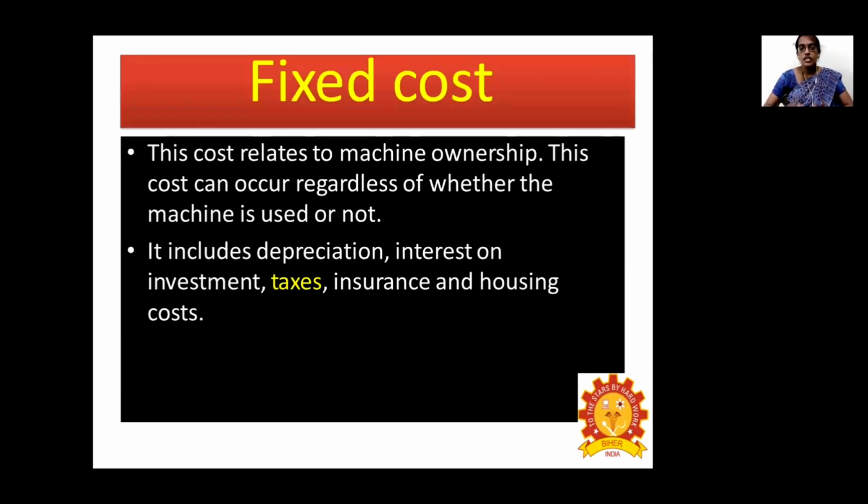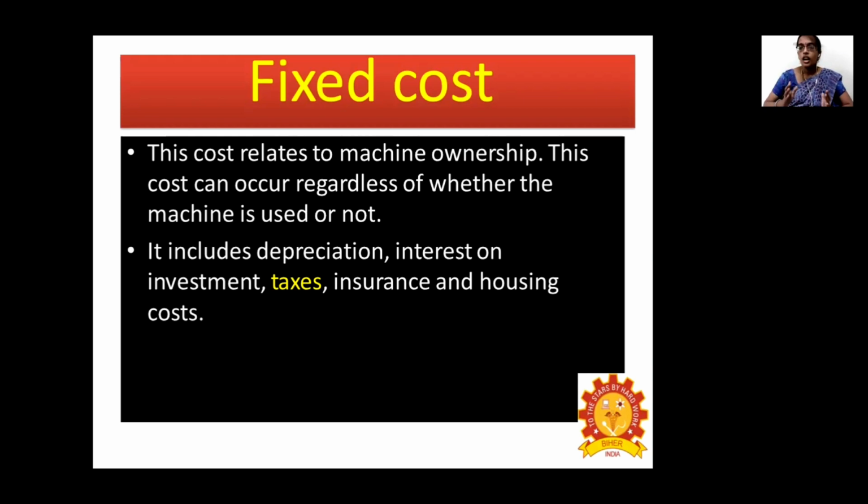The fixed cost refers to machine ownership, and the cost occurs regardless of whether the machine is used or not. It includes depreciation cost, interest on investment, and taxes, insurance, and housing costs. These are all costs that come under the fixed cost.